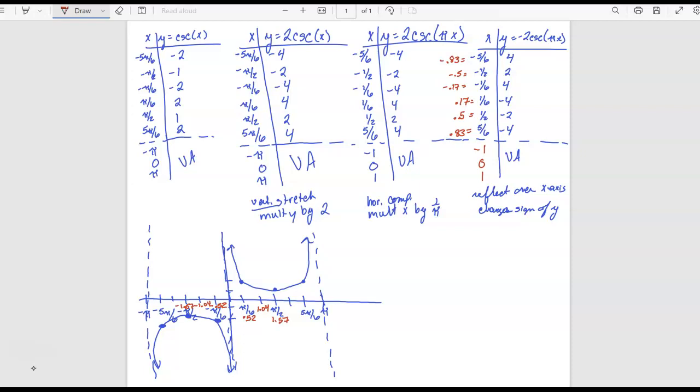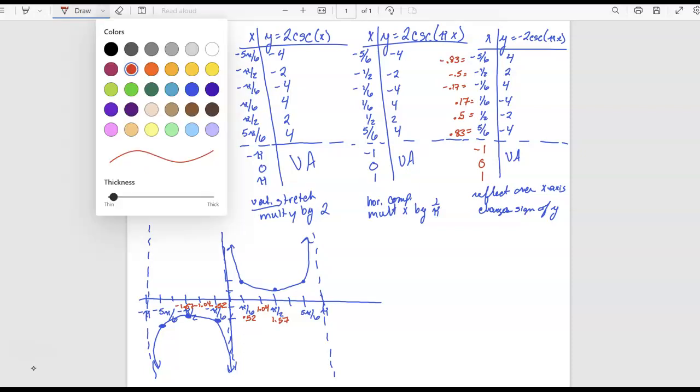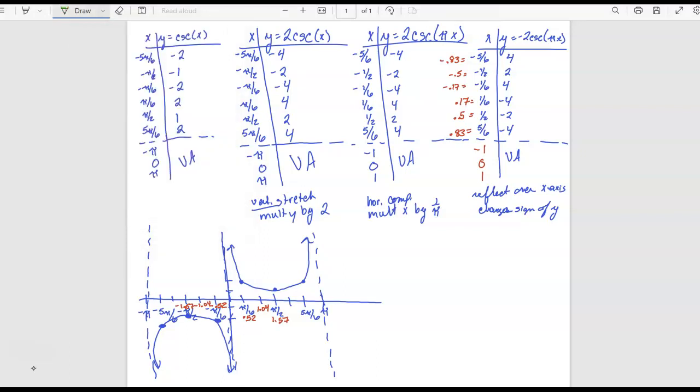So we've got to figure out where these points are going to be. Let me see if green will show up. So negative 0.83, 4 would be up here. Negative 1/2, 2, and then negative 1/6, 4.